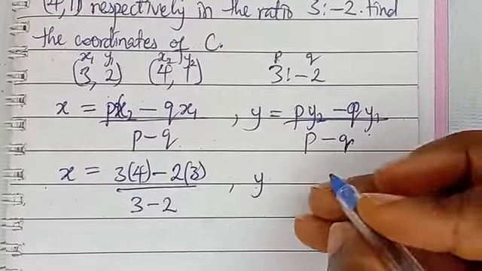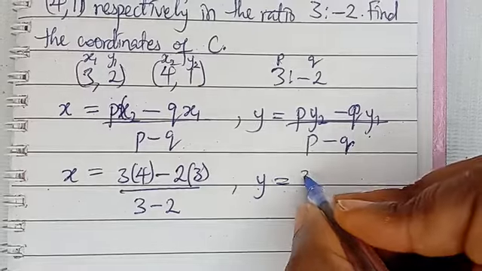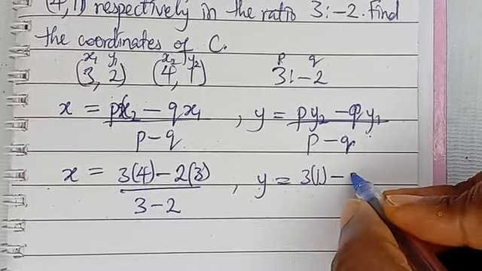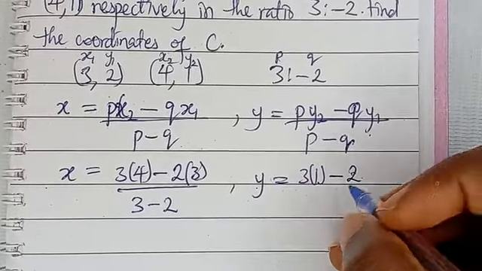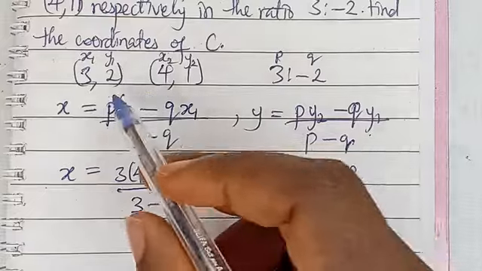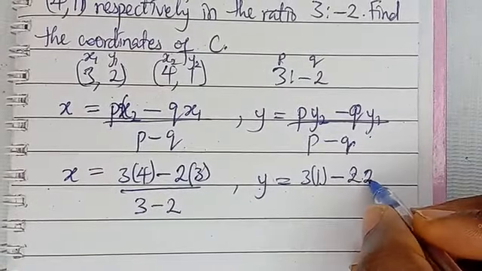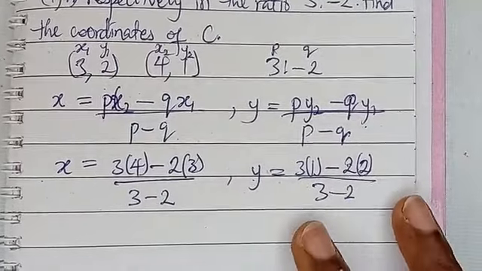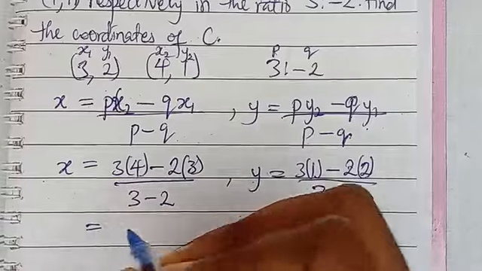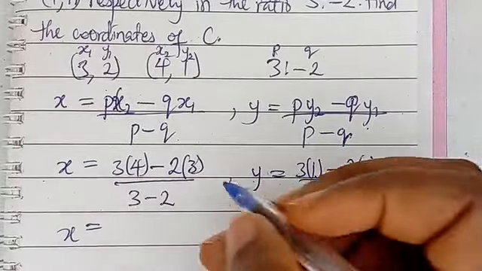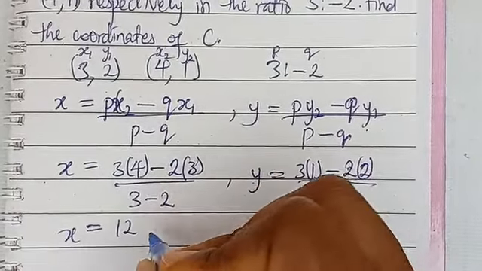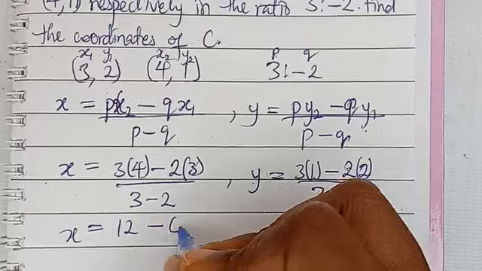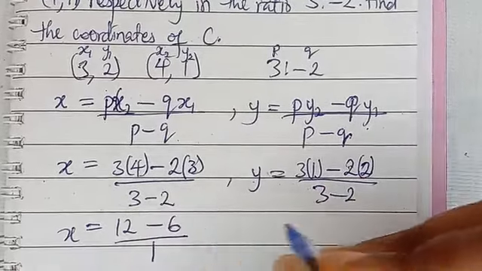And then we have for y, 3 into y2 minus Q, which is 2, right? Minus 2 y1, over 3 minus 2. Okay, we have this as equal to 3 times 4 is 12, minus 2 times 3 is 6, and then 3 minus 2 is 1.